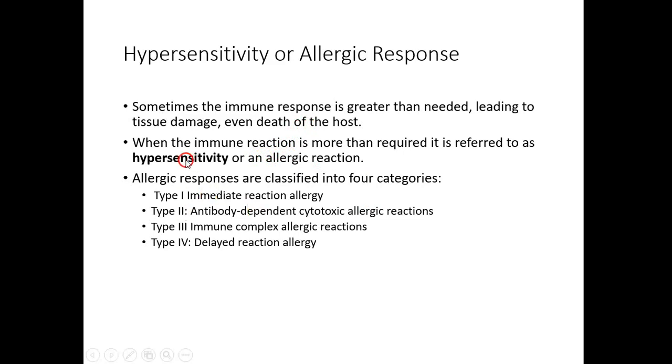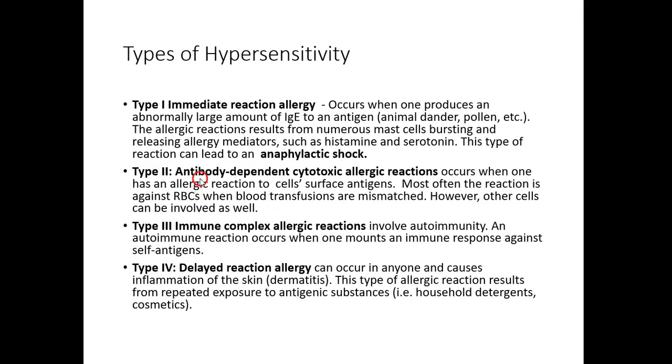So we say these are hypersensitivity, and there are 4 types based on their level of hypersensitivity. The first one is type 1, which is the immediate reaction, and this is when your body produces a huge amount of IgE all at once. And remember, IgE is going to bind to mast cells and basophils and cause a release of histamine. So you have a large amount of histamine produced, and that puts a person in anaphylactic shock.